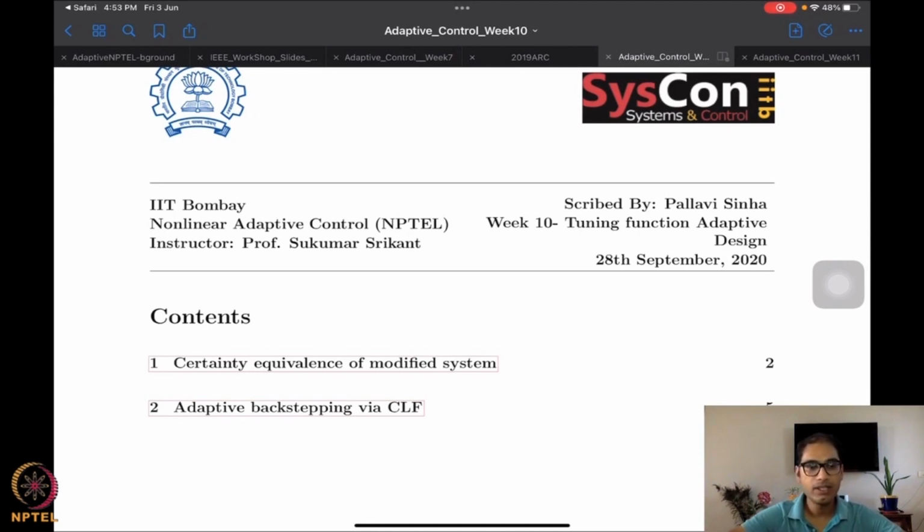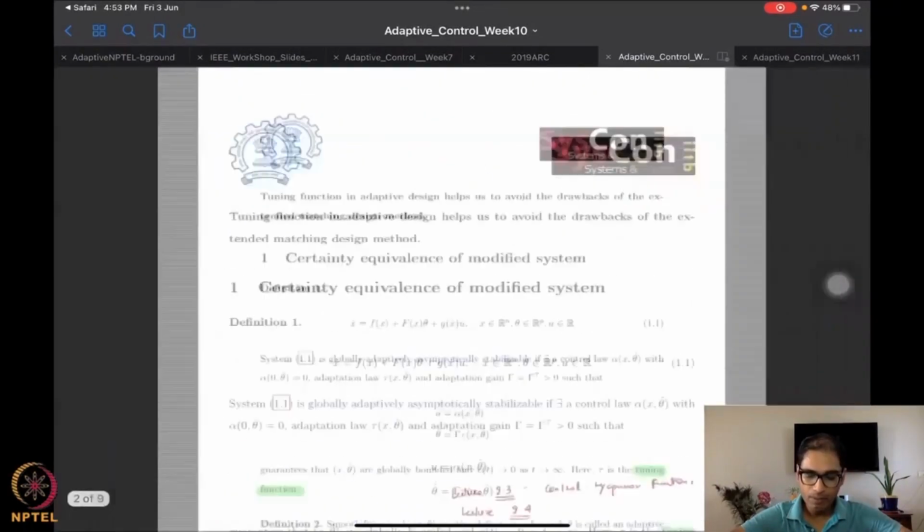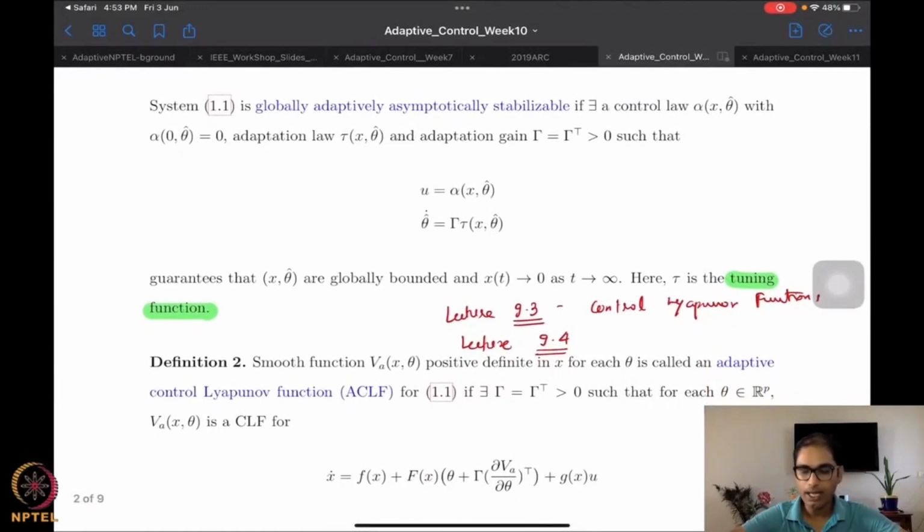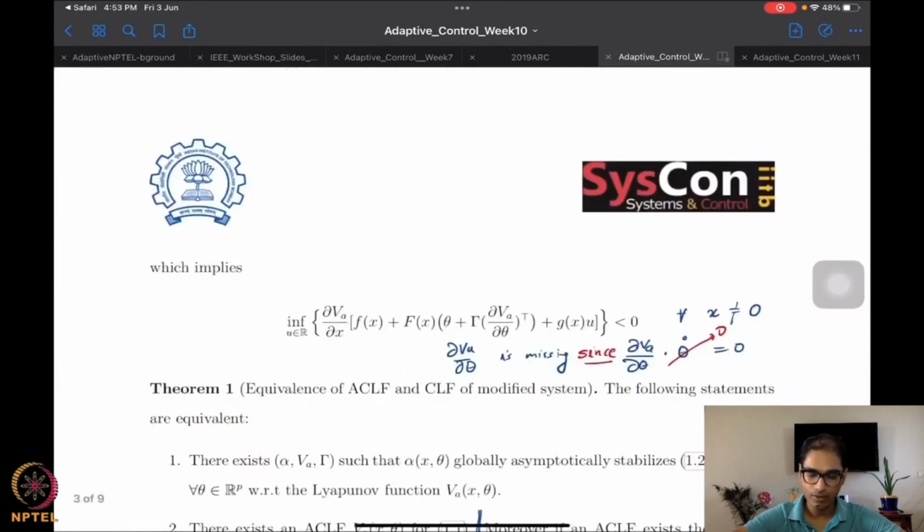All right. So this is one of the more advanced and one of the more recent methods in nonlinear adaptive control. And of course, it is still based on backstepping, but it also required knowledge of control Lyapunov functions and such. And it extended the notion of control Lyapunov functions to adaptive systems, right?